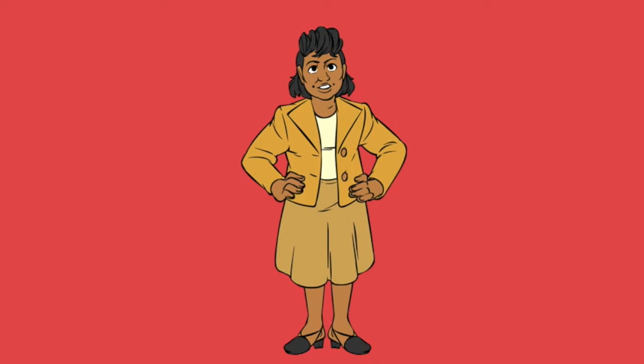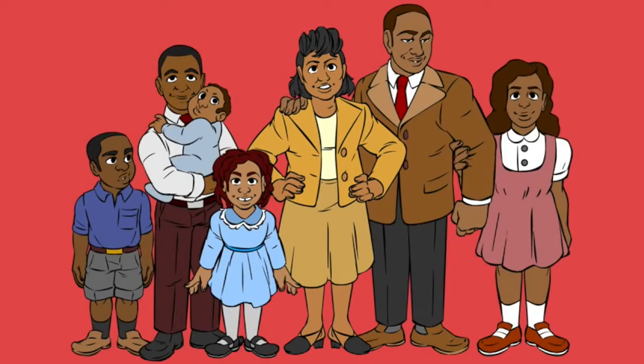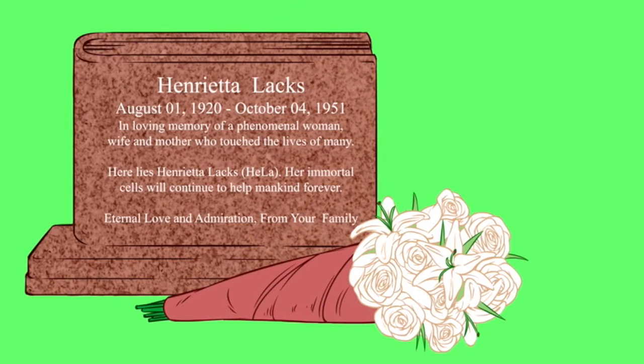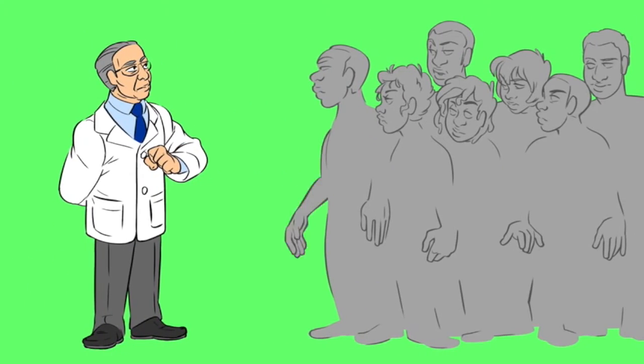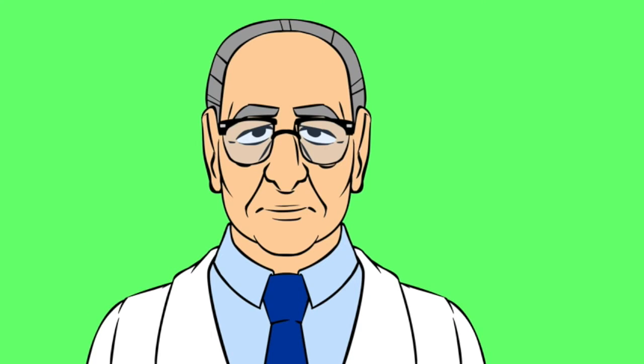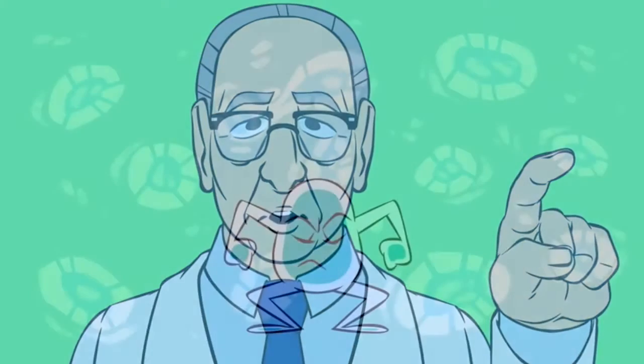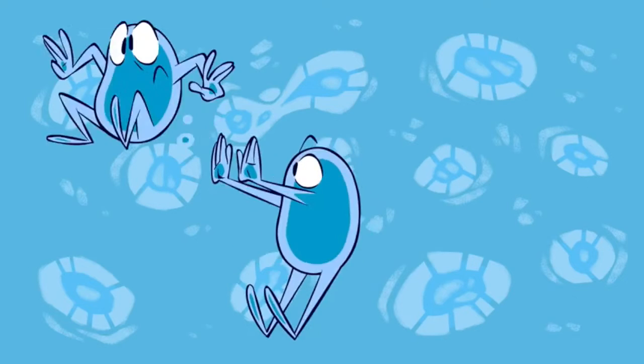Born on a tobacco farm in Virginia, she lived in Baltimore with her husband and 5 children. She died of aggressive cervical cancer a few months after her tumor's cells were harvested, and she never knew about them. So what's so special about the cells from Henrietta Lacks that lets them survive when other cell lines die? The short answer is, we don't entirely know. Normal human cells have built-in control mechanisms.